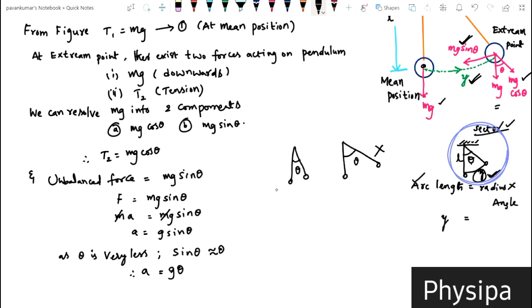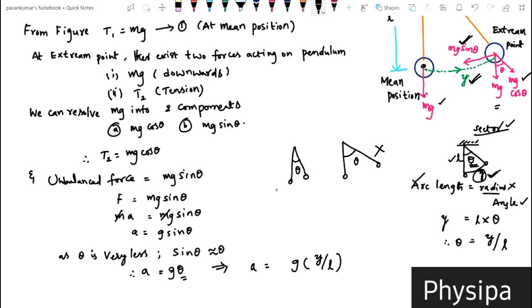Therefore arc length y is equal to L into theta, and finally we obtain theta is equal to y by L. Now by substituting the theta value in this expression, we obtain A is equal to g into y by L. Here we write a minus sign because the acceleration A and y are opposite to each other, as we discussed in the beginning.